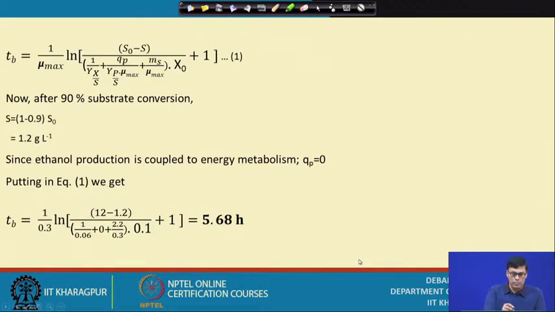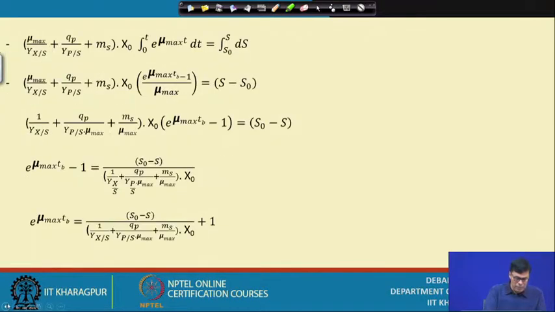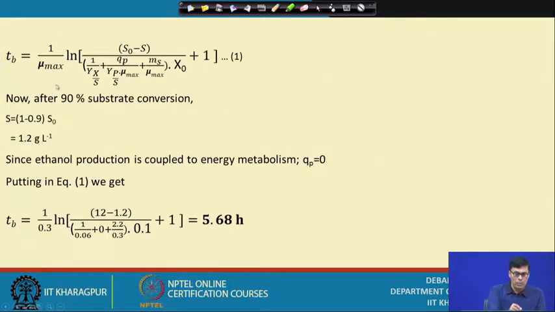Now, from that, if you look at this equation, you can divide by Tb and easily calculate Tb equal to 1 by mu max times ln of this value. Then for 90% of substrate conversion, what is the S value? 10% will remain, that is 1 gram per liter.